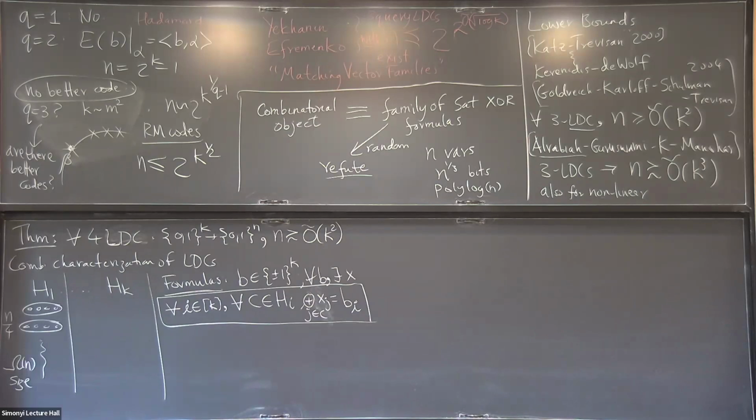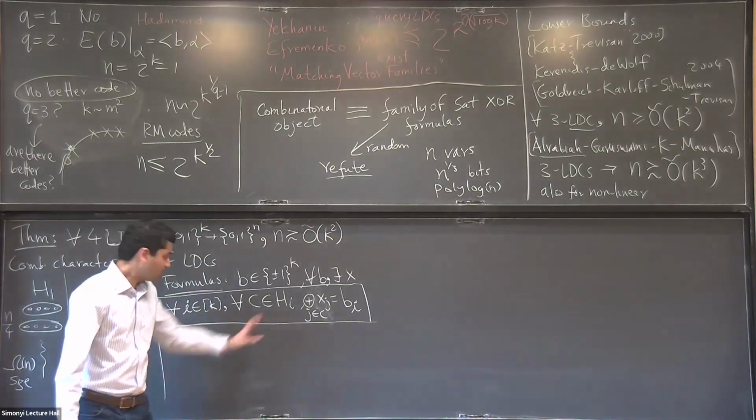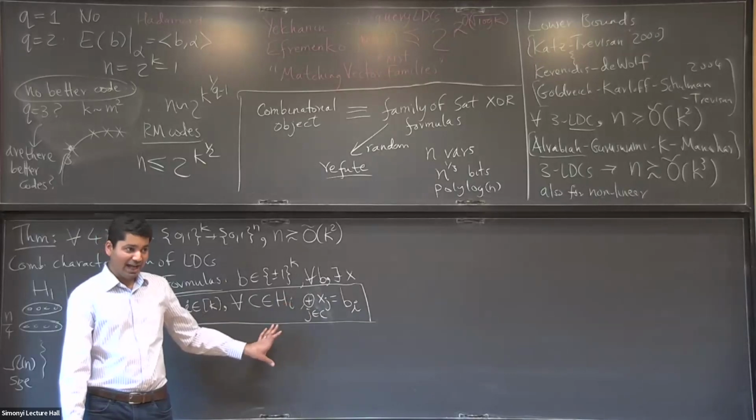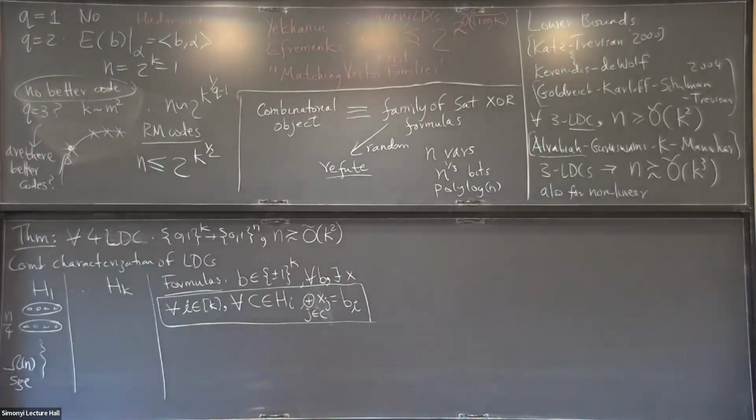So if I have to get 0 equals 1, I must take a subset of equations such that there is at least one matching which contributes an odd number of edges. So that if the bit corresponding to the matching happens to be 1, then I get an odd number of copies of it and I get 1.